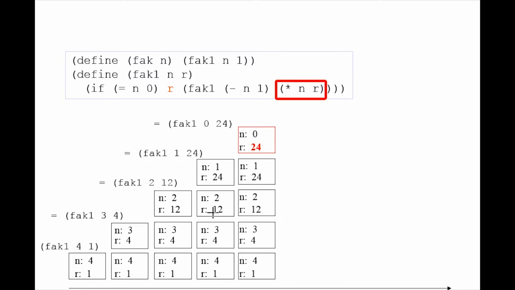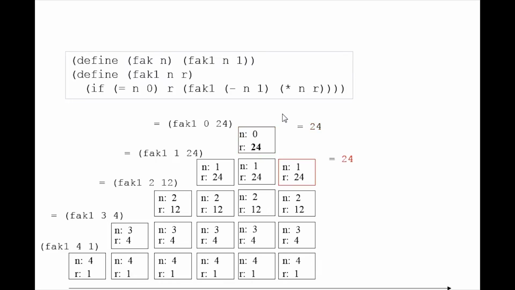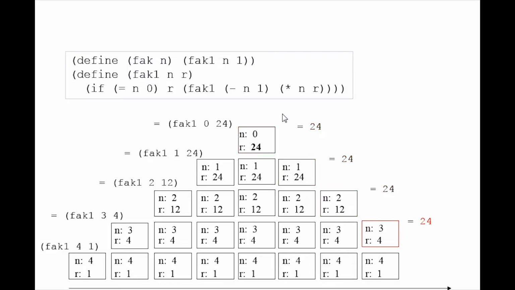So when we reach this point in time, we have the result here in the second parameter. Now what happens down the stack then? Actually nothing. We just bring this result down and get it out ultimately as a result of our function call.